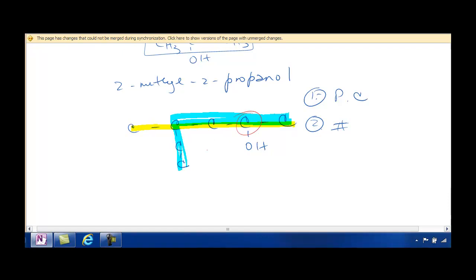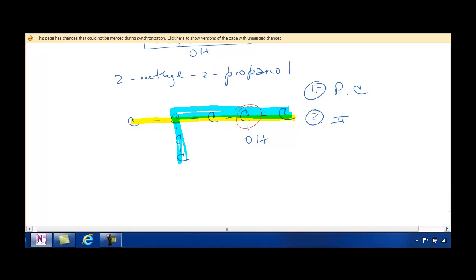What's wrong with which one? The word longest means if you get more carbons, that's a better answer than if you get fewer carbons. So it's like an auction. So which one is it? So these are the things you could do wrong. Fix them. Okay, so we found the parent chain, so what we need is to number it.